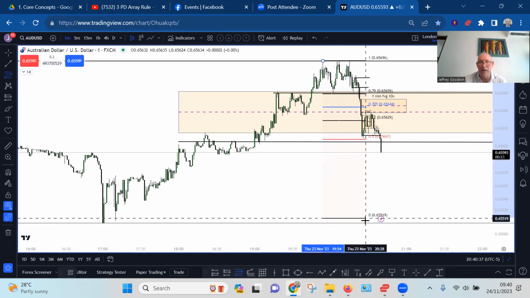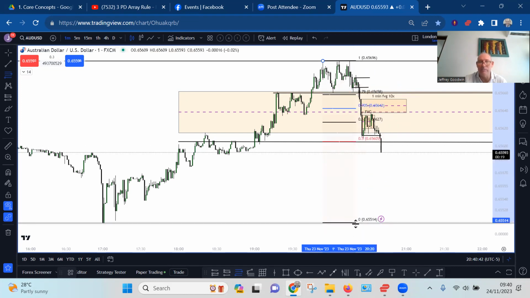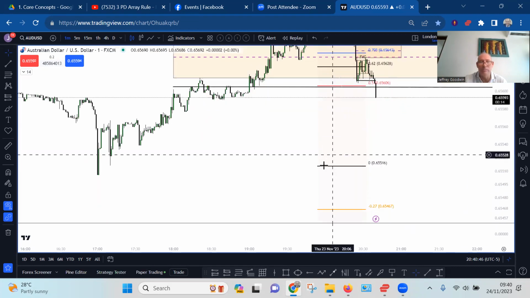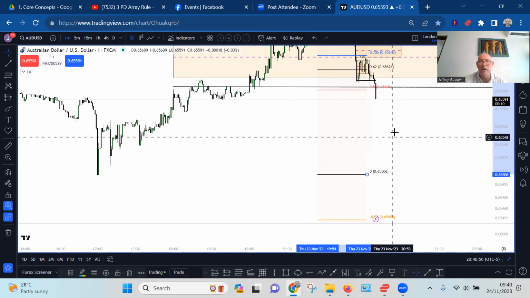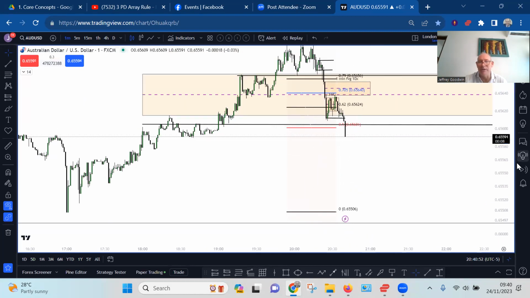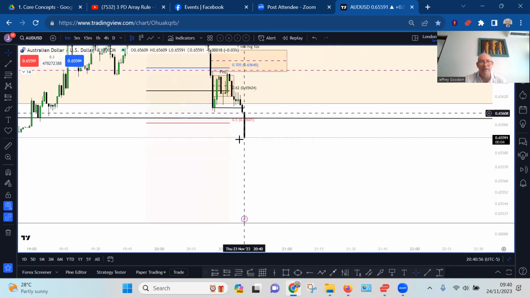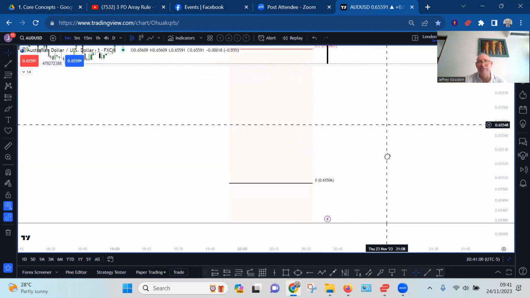So if we're expecting something around about the 50%, as I said, another 10x gap around about here. If this candle does not come up, I have a target down here.